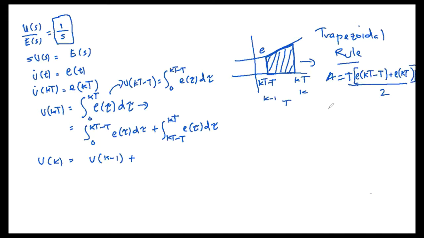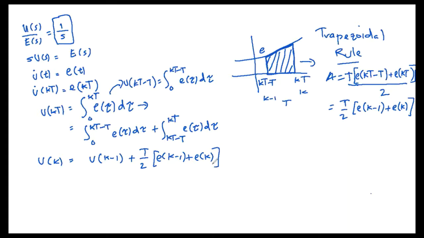So basically the area would be T over 2 times e of k minus 1 plus e of k. So this is what we need to substitute here. So if I bring that here, it would become T over 2 into e of k minus 1 plus e of k.